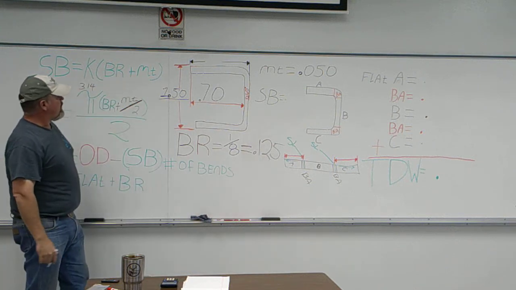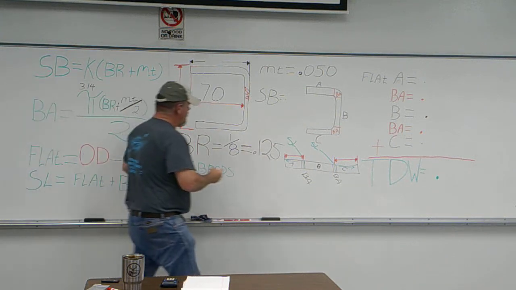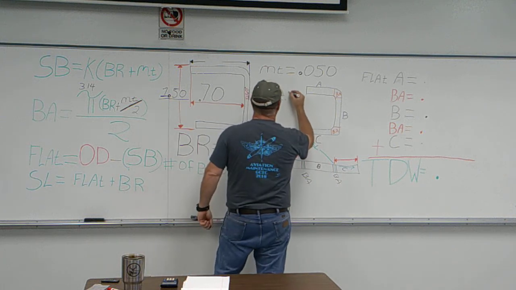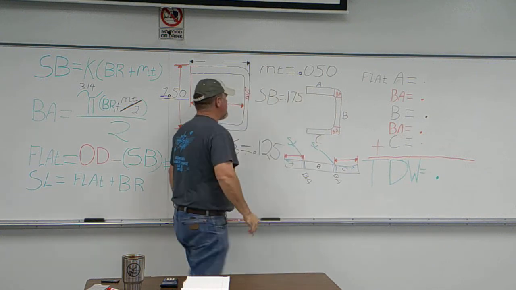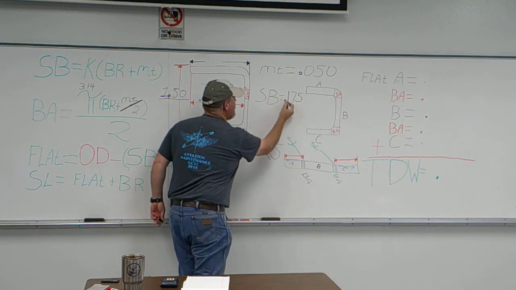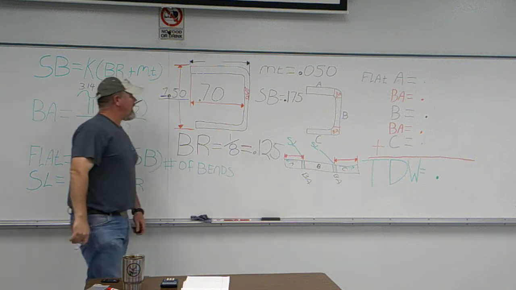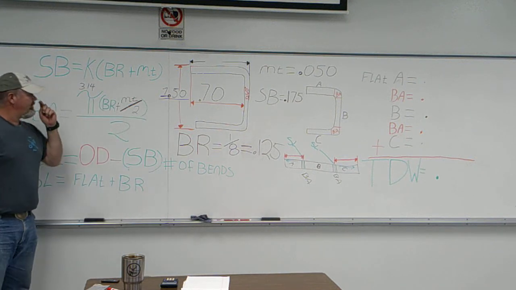We can do a little bit of quick math. That gives us 0.175. 0.175 is our setback today.